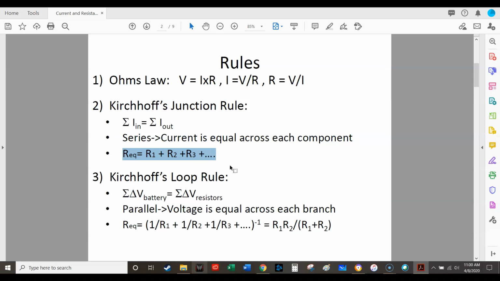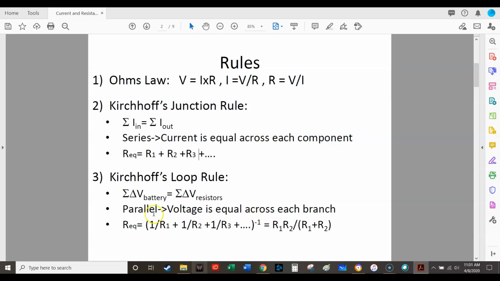Kirchhoff's loop rule, number 3 here, is this: the sum of the voltage supplied is equal to the sum of the voltages consumed by a resistor. Basically, in a loop, you could add up the differences and that should be equal to 0. The amount of voltage created is the amount of voltage consumed.